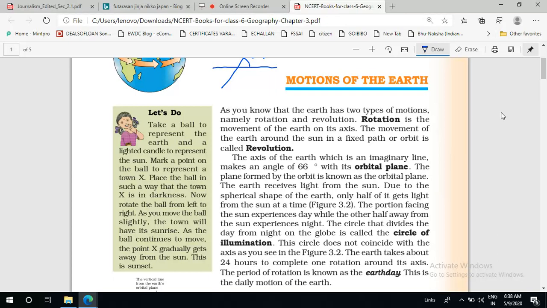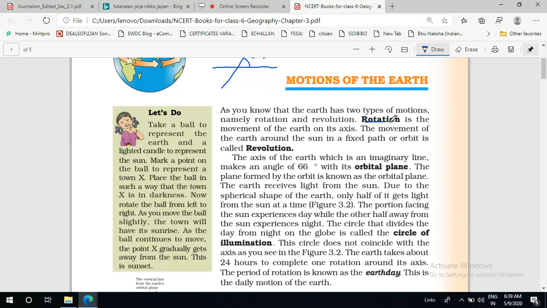The earth takes 24 hours to complete one rotation, and that is the duration of a day on earth, and this is called Earth day. What is Earth day? The time taken by the Earth to complete one rotation around itself. Okay, it is called Earth day. And what is the duration of this Earth day? It is 24 hours.